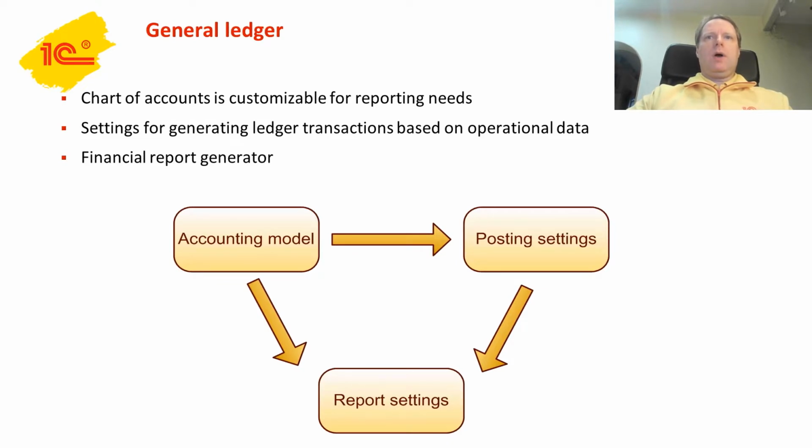The chart of accounts is customizable for reporting needs. Posting settings are the settings for ledger transactions based on operational data. And there is the financial report generator and settings for reports.